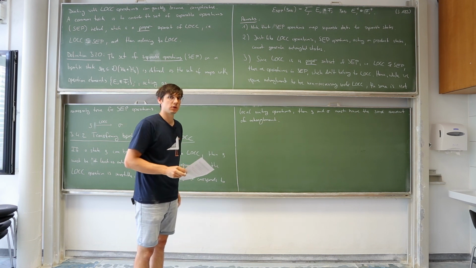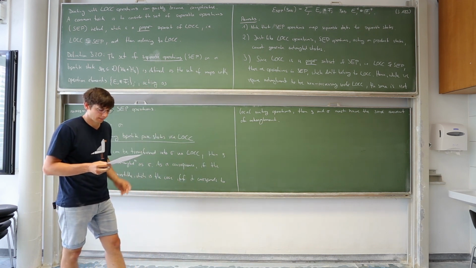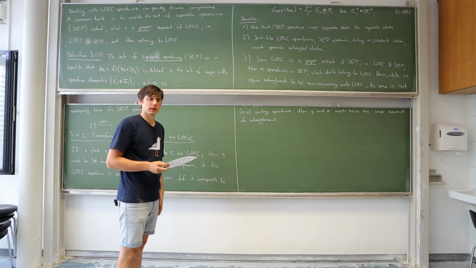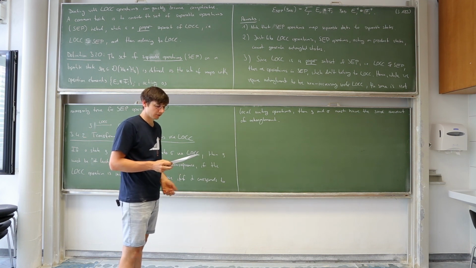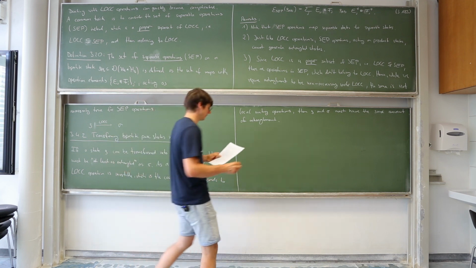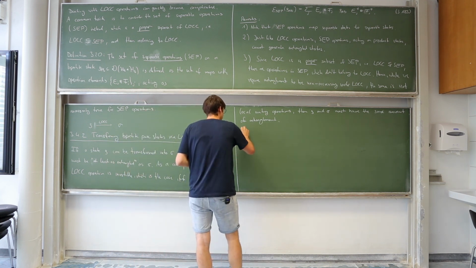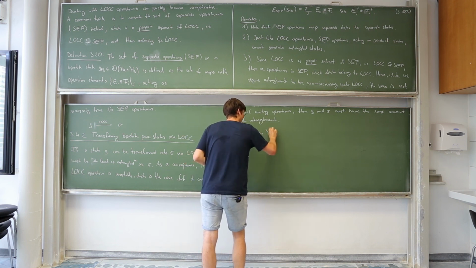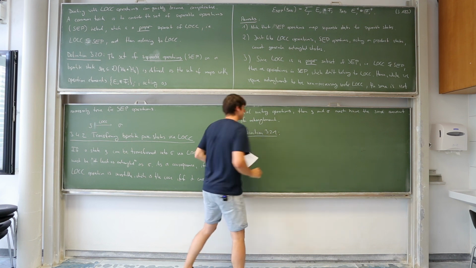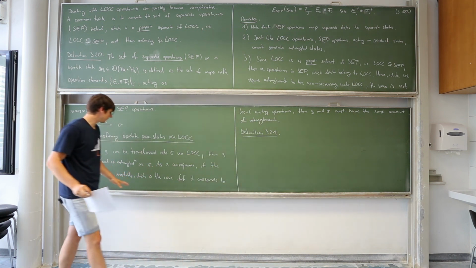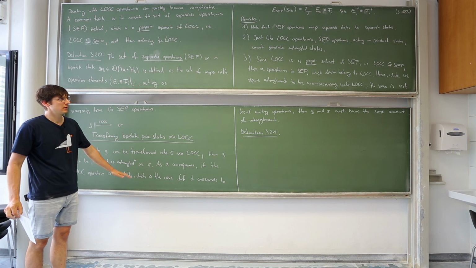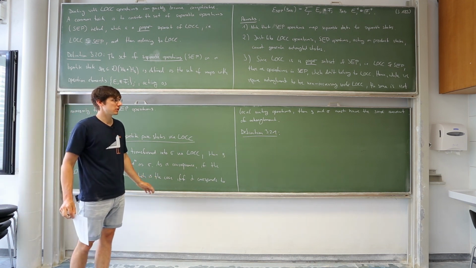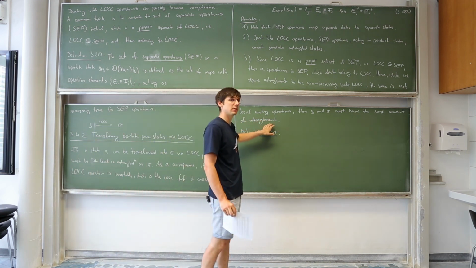And those local unitary operations, with this we can now define the so-called local unitarily equivalent states. Okay, this is definition 3.21. And the reason that we define it is because of this last statement that under local unitary operations, so if two states are connected by local unitary operations, they must have the same amount of entanglement, right?